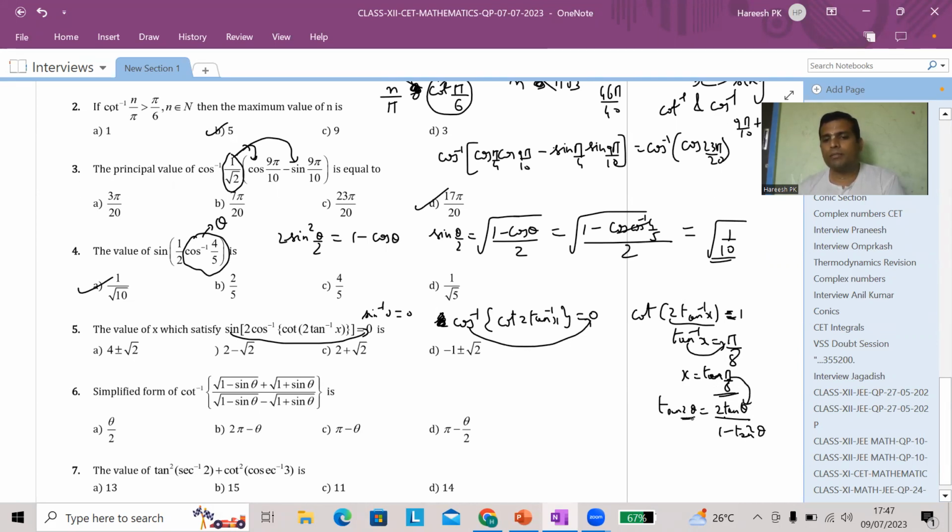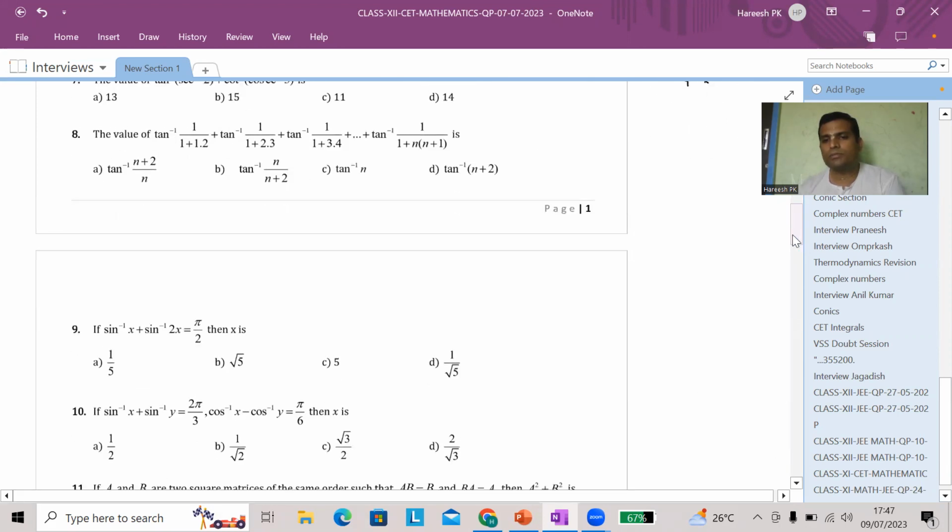So 2 theta becomes pi by 4. So you'll get a quadratic. 1 is equal to, I'll call tan theta as x. So when you solve the quadratic, you'll end up getting x square plus 2x minus 1 equal to 0.